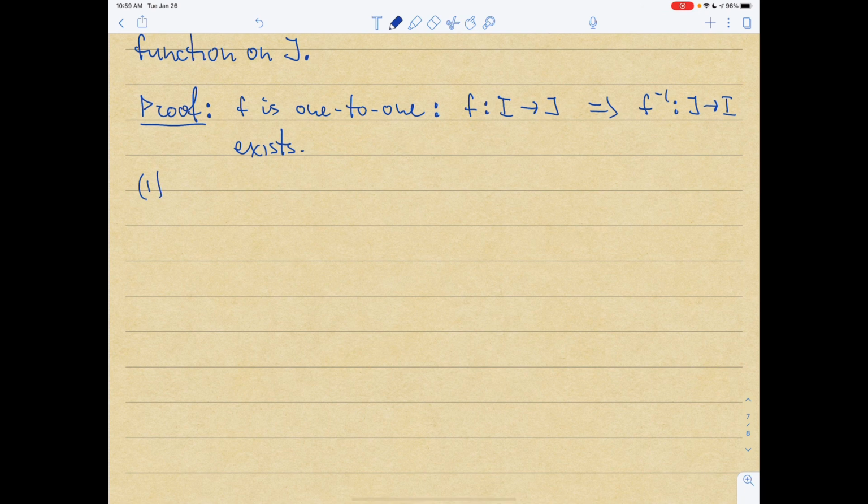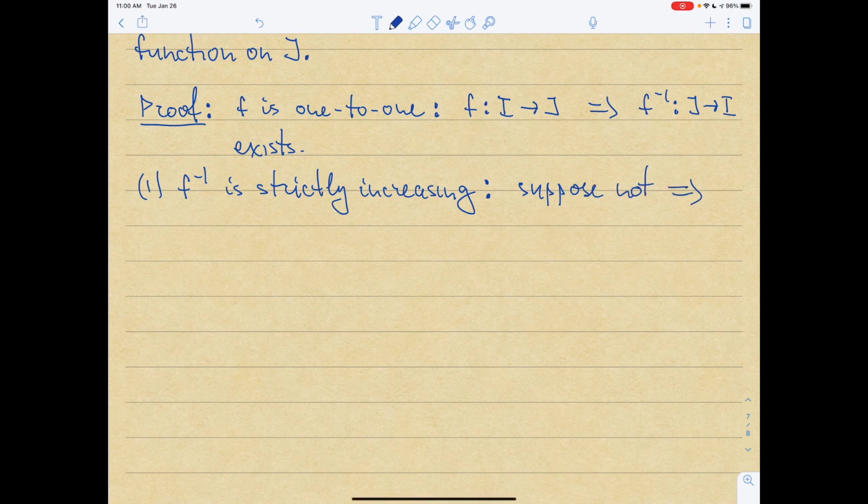So we have that, and now we need to establish two facts. Number one, f inverse is strictly increasing. Let's prove it by contradiction, so suppose not. Then what does it mean that the function is not strictly increasing? It means that I should be able to find a couple of points.